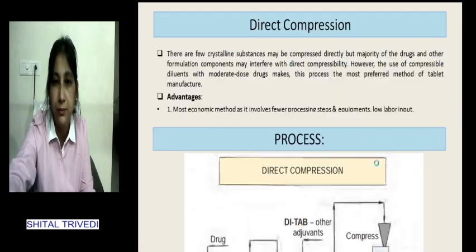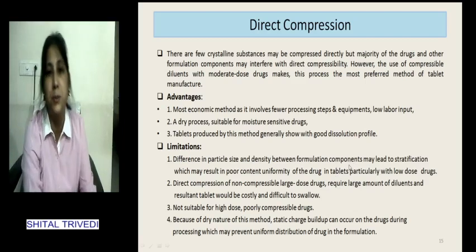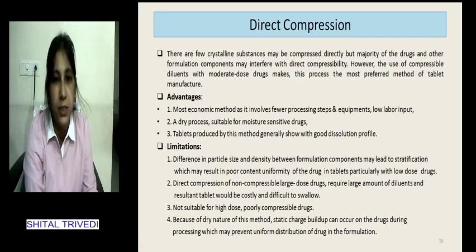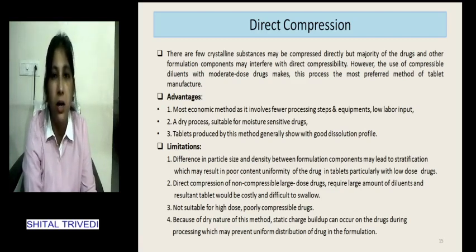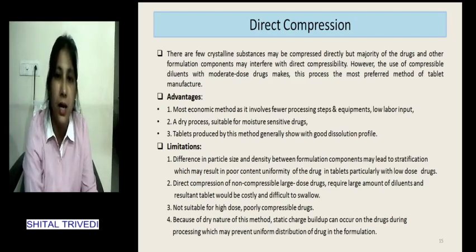Though this process is very easy, not all drugs can be compressed by this method, because it depends on the compressibility properties of the powder. So only the crystalline material or the granular material with better cohesiveness can be directly compressed.